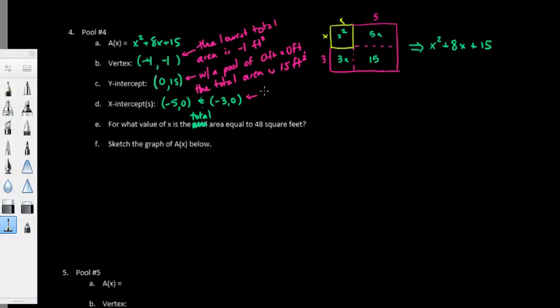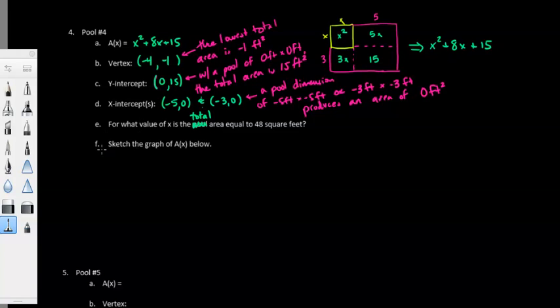So let's write that down. A pool dimension of -5 feet by -5 feet or -3 feet by -3 feet produces an area of 0 feet squared. That's kind of what that's telling us.